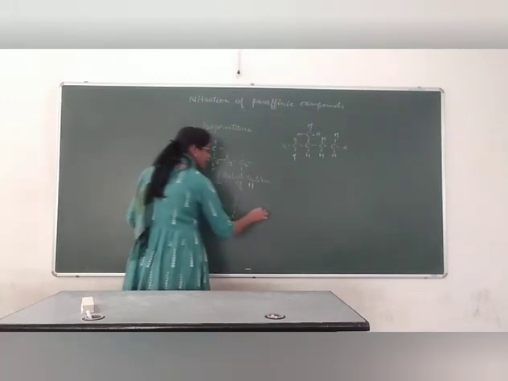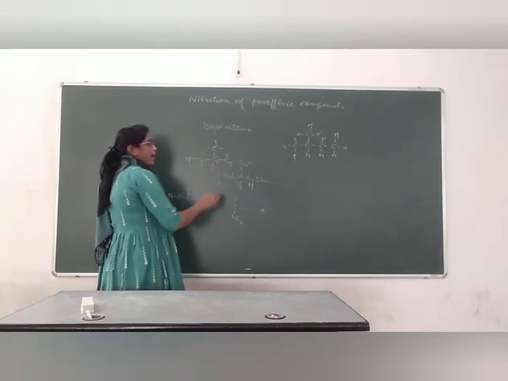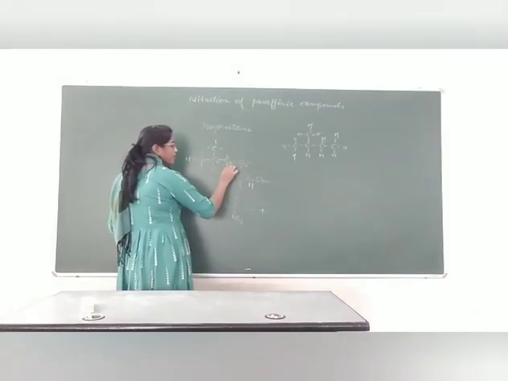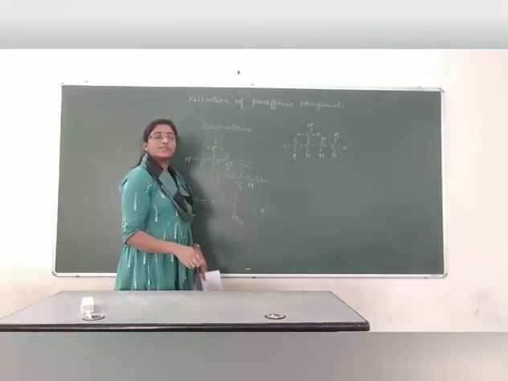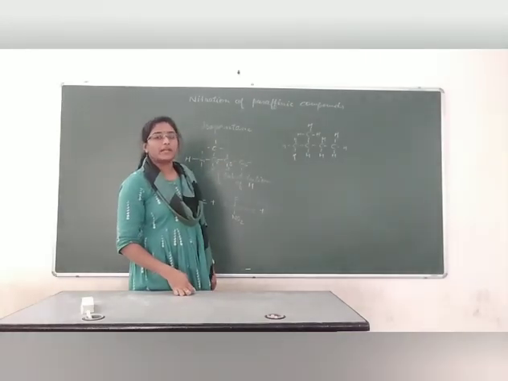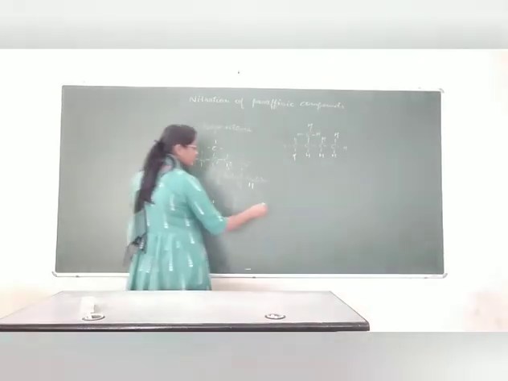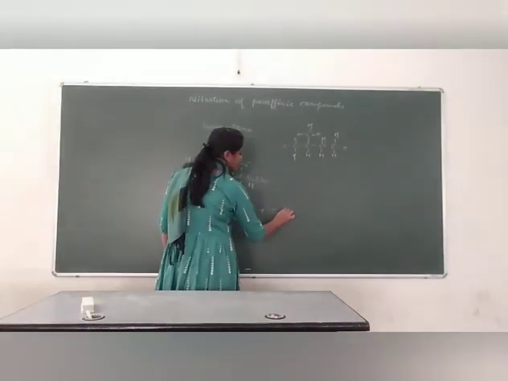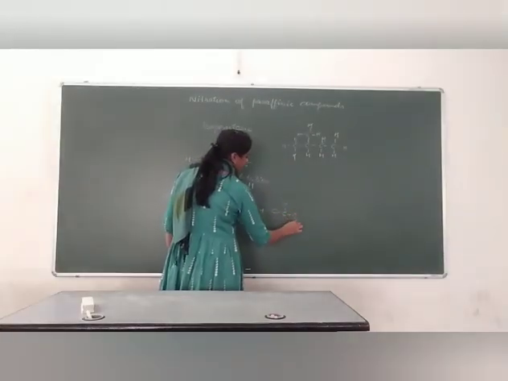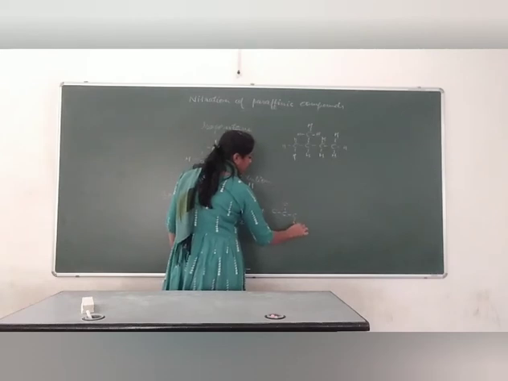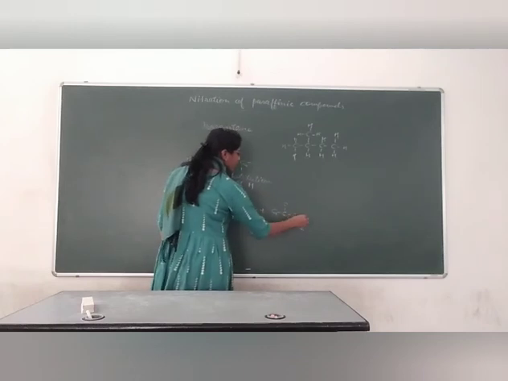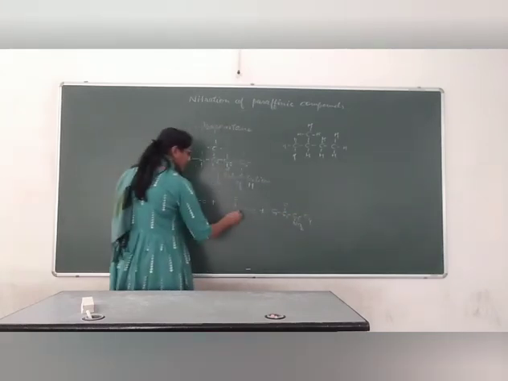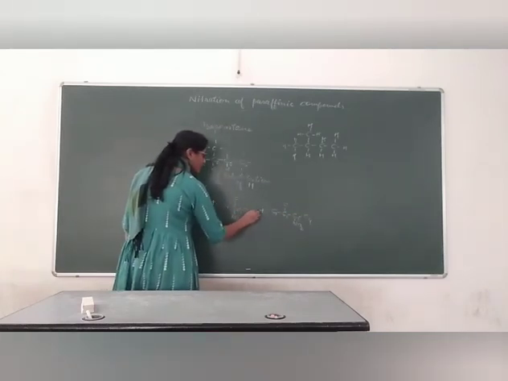And now we are thinking about the hydrogen of the C3 carbon being substituted by a nitro group, then we can write the structure like this. C, here one C is attached, and then the nitro group is attached over here on the C3 carbon, C1, C2, C3, C4.